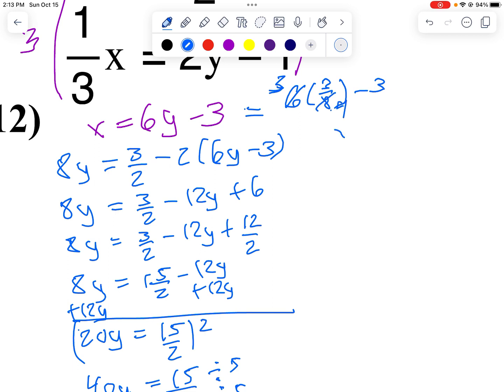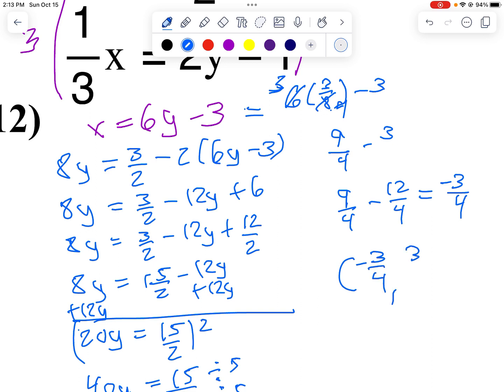So 3 times 3, I get 9 over 4 minus 3. Common denominator is 4. So it'll be 9/4 minus 12/4. And 9 minus 12 is negative 3/4. So, as an ordered pair, x is negative 3/4, y is 3/8.